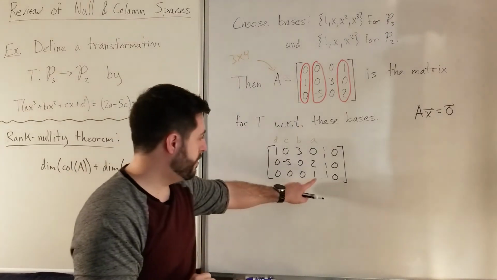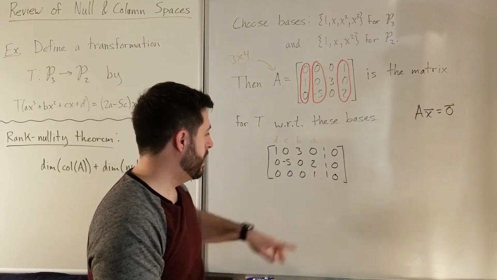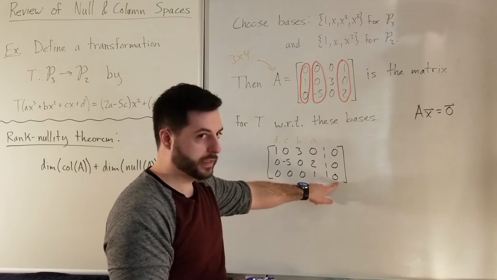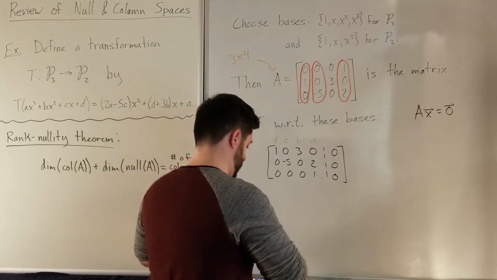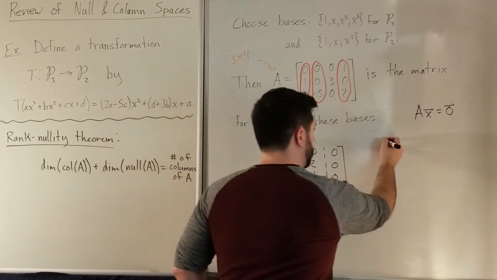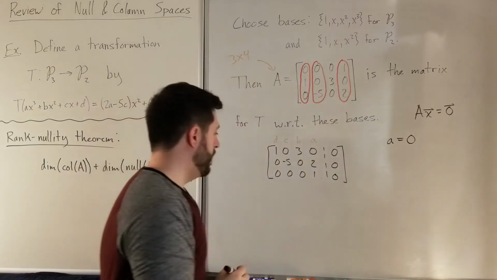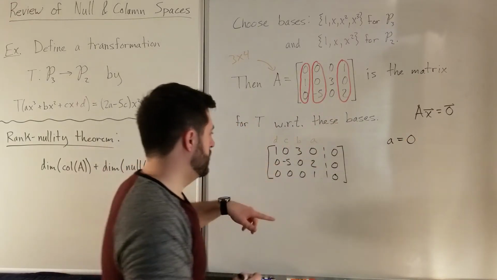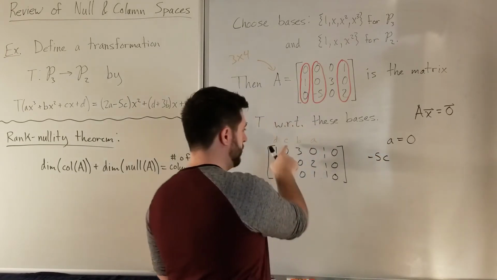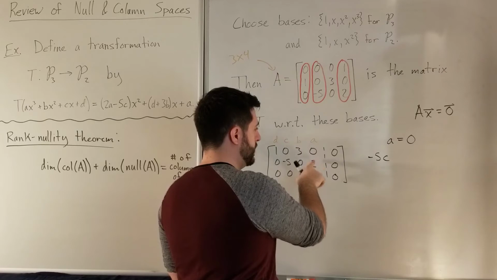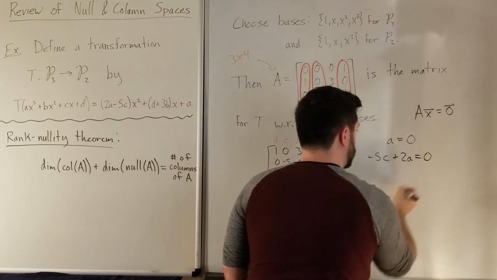Okay, so this third line here we can read off as A must be 0. So the third line says that A must be 0. The second line says negative 5 times C, plus 2 times A must be 0.